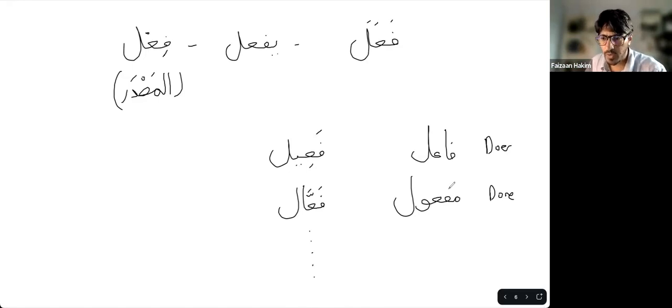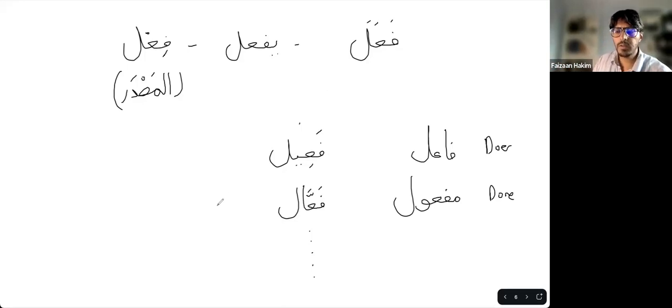So this is what we have so far, the fa'il and the maf'ul, always there. These you have to learn. You can't always predict whether there will be fa'il, but you again will just pick it up through hearing the language and being exposed to it.